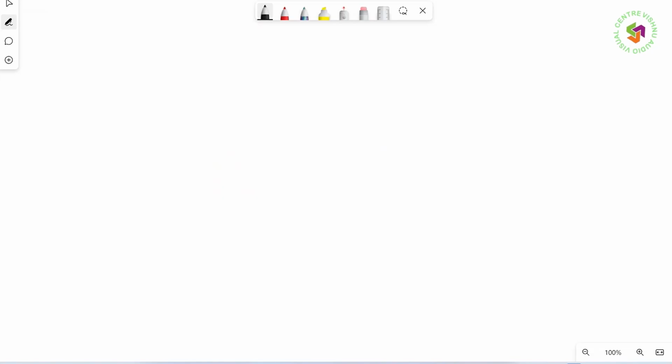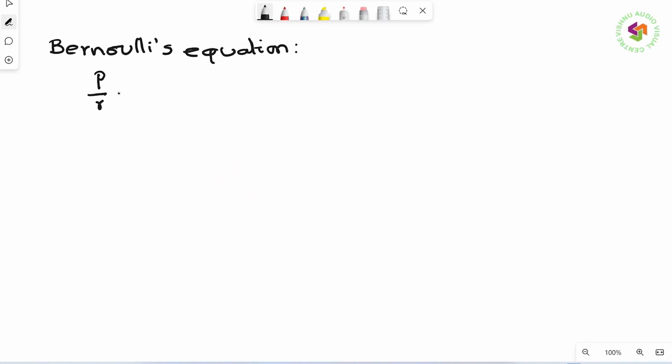And let us straight away go to the whiteboard. In the previous class, we derived Bernoulli's equation. That is P by gamma plus V squared by 2G plus Z is equal to constant.